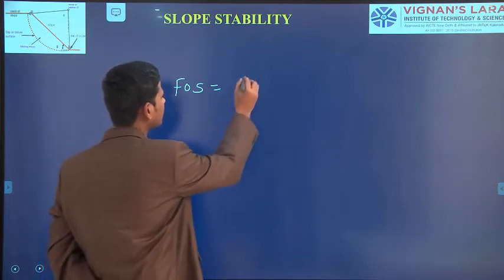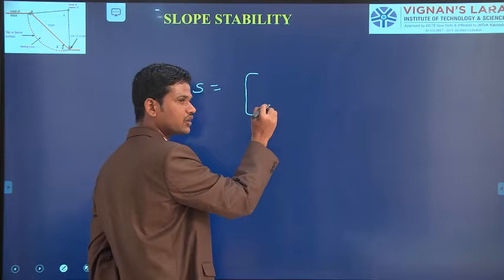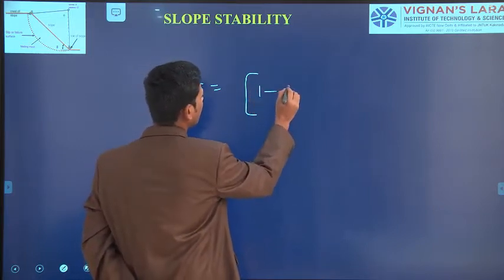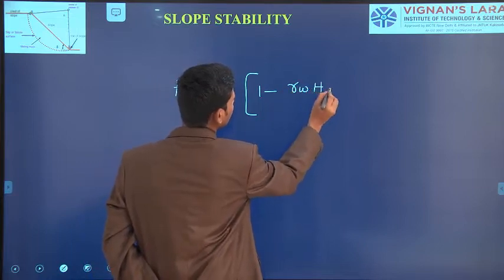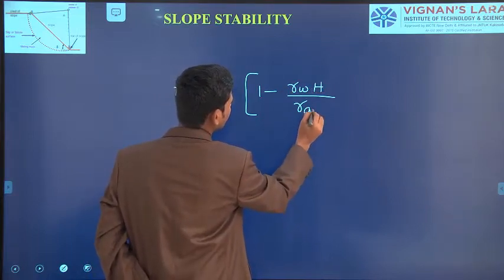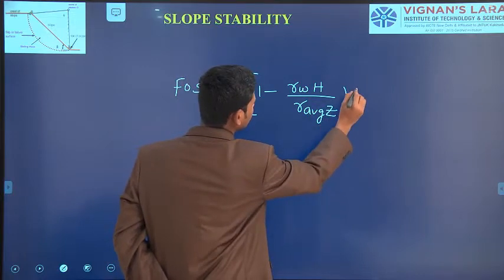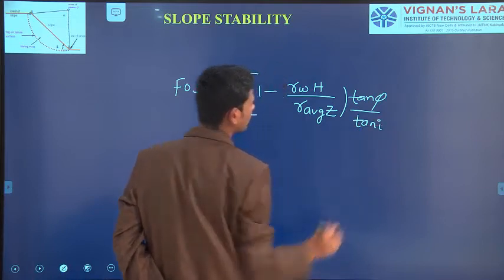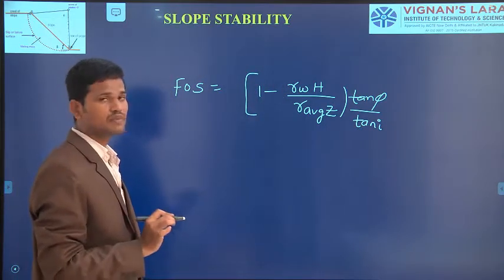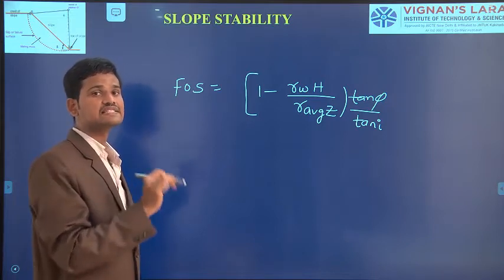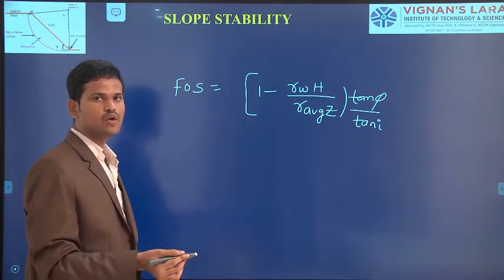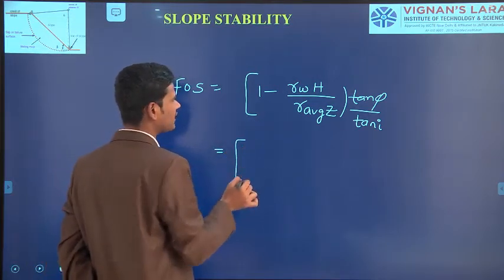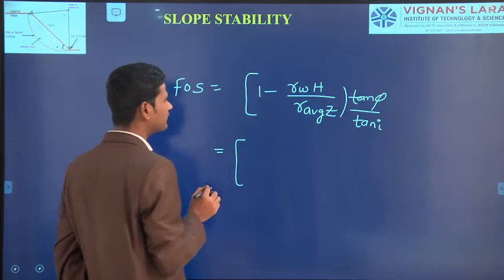That formula we already know. The factor of safety when the water table is at a certain depth is 1 minus gamma W into H divided by gamma average into Z, into tan phi divided by tan I. This is the formula you should remember when asked the question. Based on the condition, we have to substitute into the formula, and if you substitute the parameters given in the problem, you will get the factor of safety.